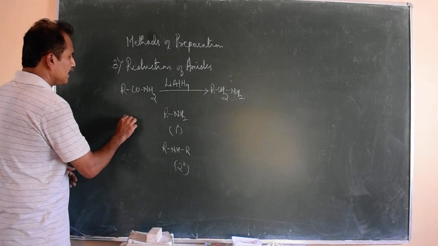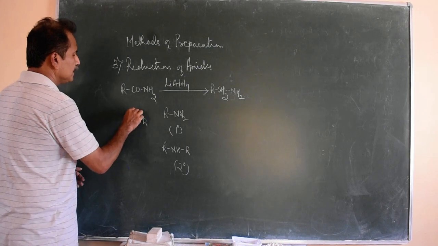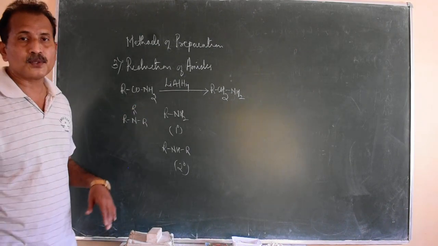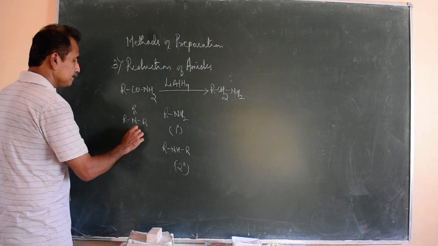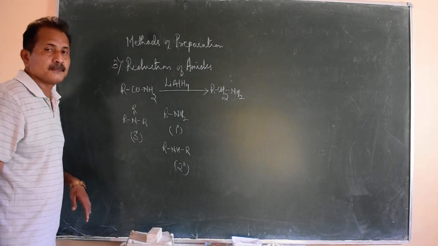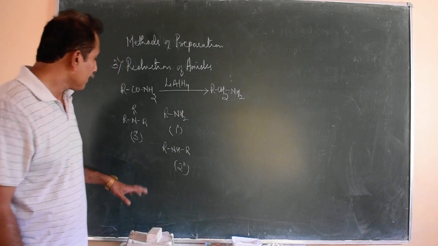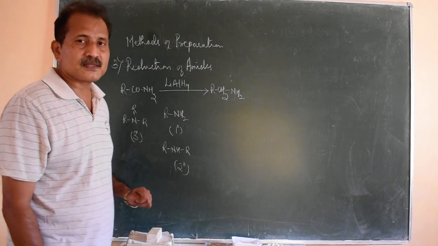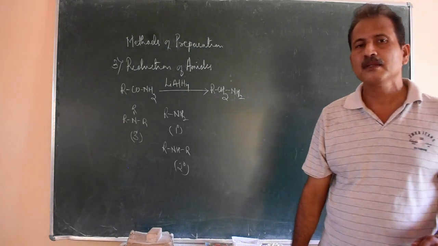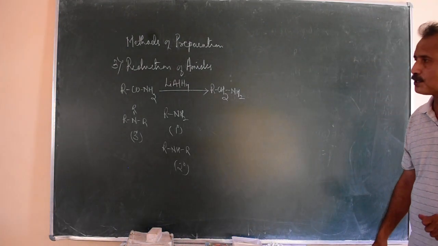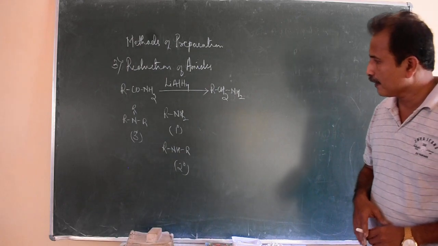Then R-N-R, so I have replaced all hydrogens by alkyl or aryl groups, then it is tertiary. Okay, this is as far as classification. You have 3 types of amines: primary, secondary, and tertiary, depending upon the hydrogen atoms replaced by alkyl or aryl groups.